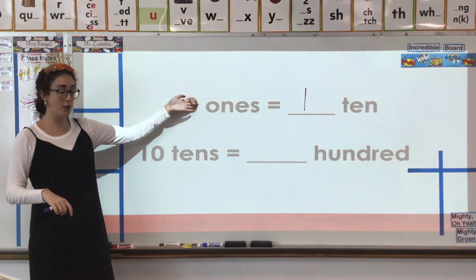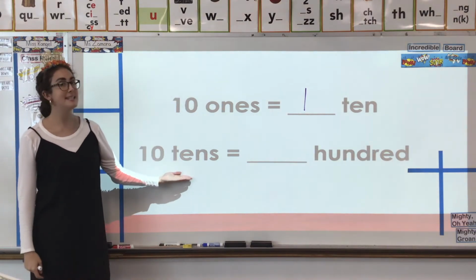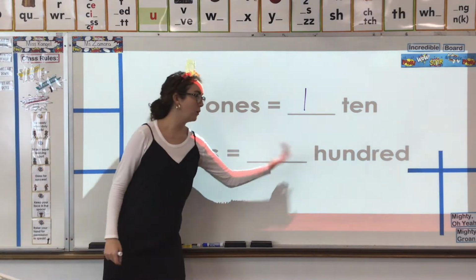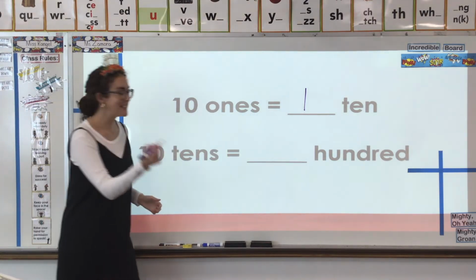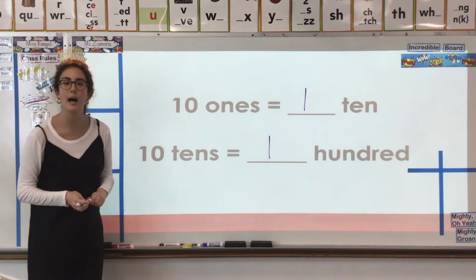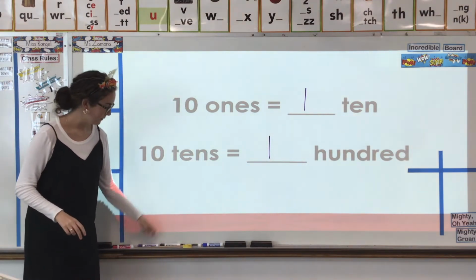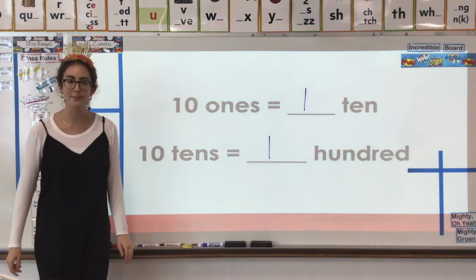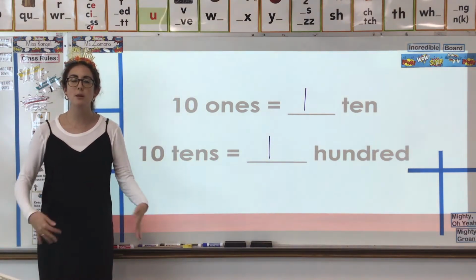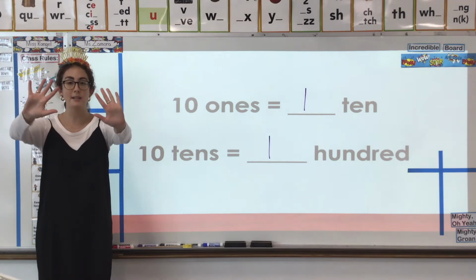So if this is true, 10 tens equals how many hundreds? Equals exactly 1 hundred as well. Smaller unit becomes bigger unit. And it's always going to be when we have a group of 10.